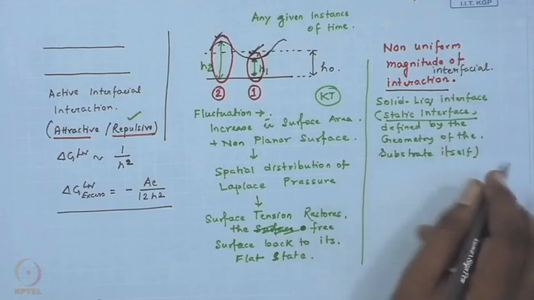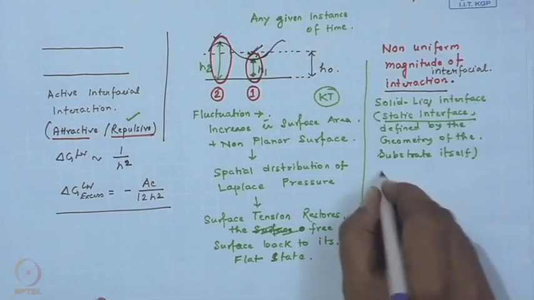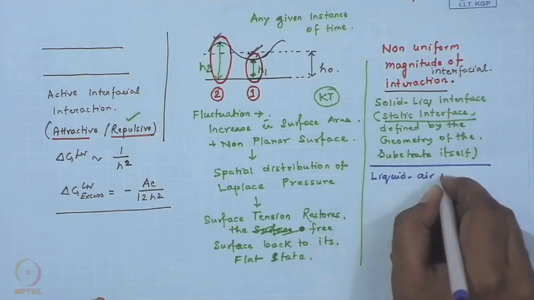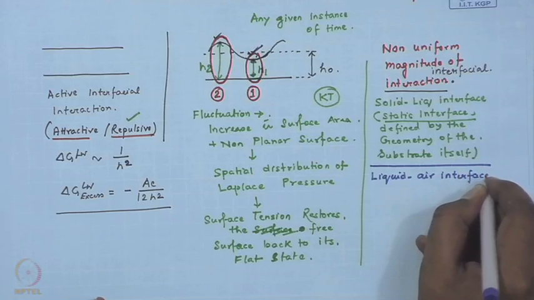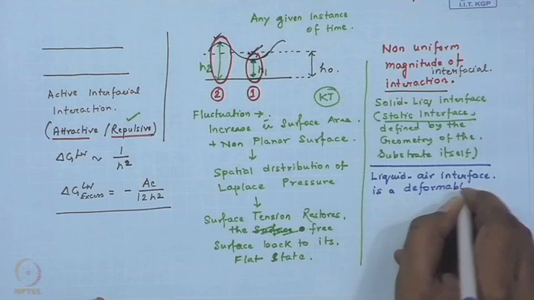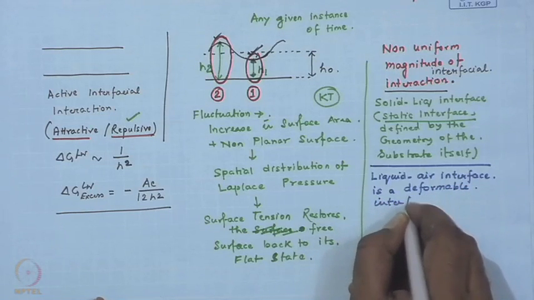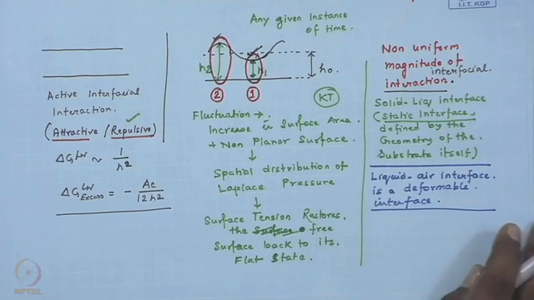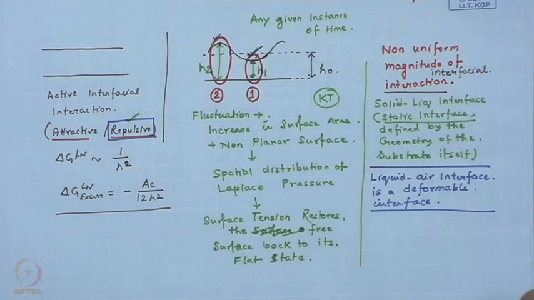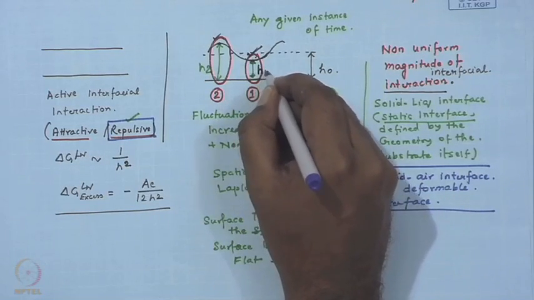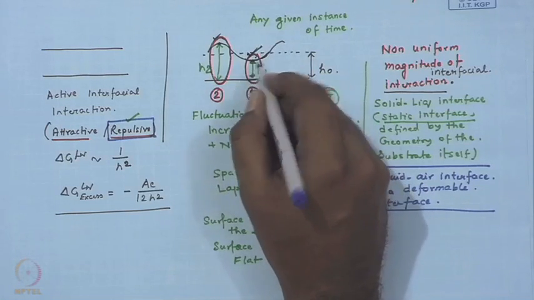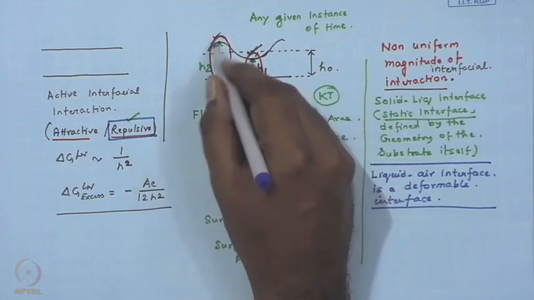In contrast, the liquid air interface is a deformable interface. Okay. So, we are talking about the situation where you have a repulsive interaction between the two interfaces, then since at point 1 the two interfaces are closer, it will experience a greater repulsion as compared to this zone.